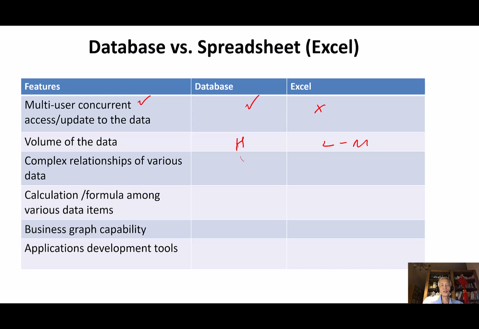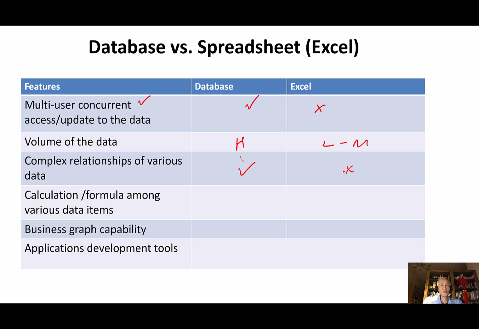And when you have large data, the performance will slow down. So although you may still be able to handle it, it's not as effective. Databases can definitely handle complex relationships among data stored in tables. Excel, not really. Very, very limited.